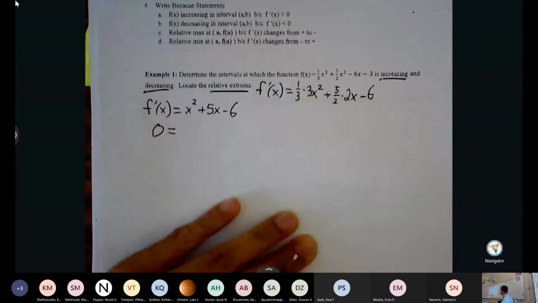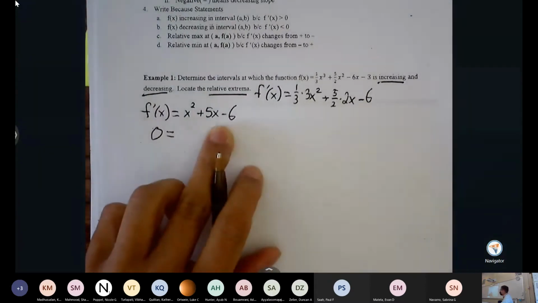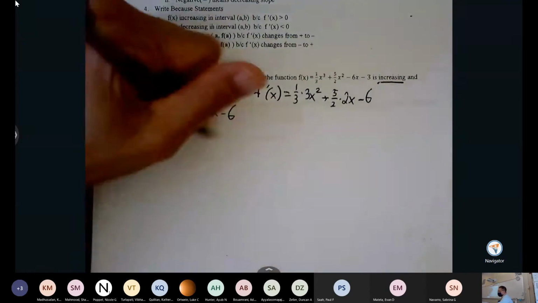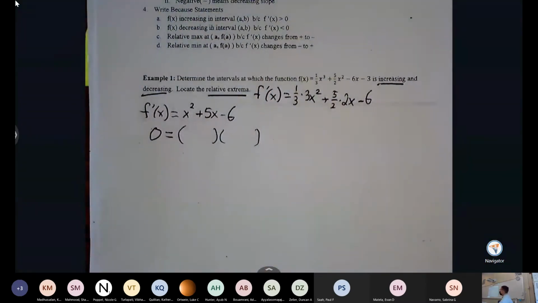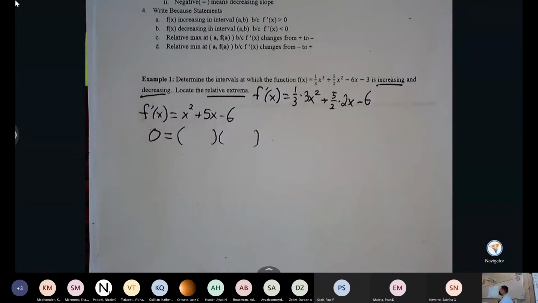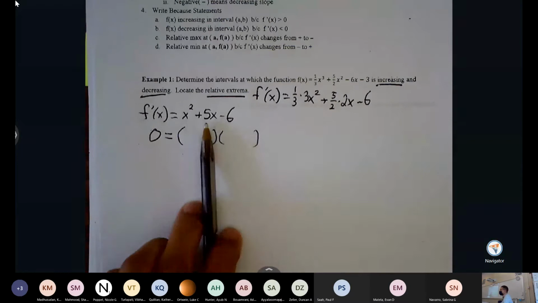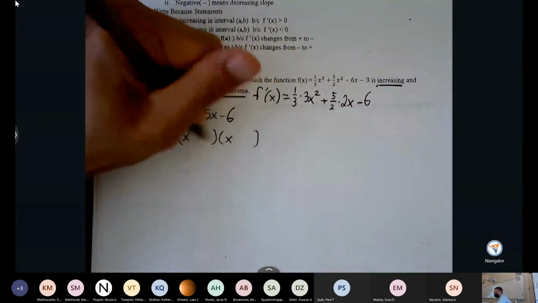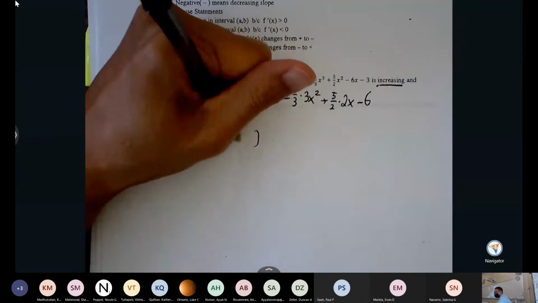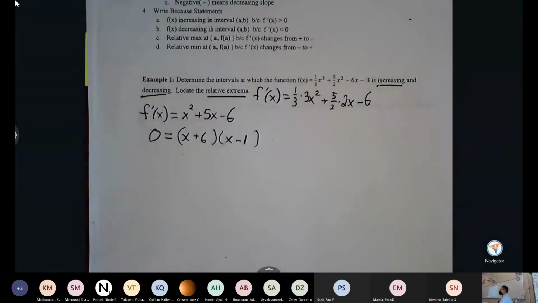Okay. So let's factor this, right? Multiplies to be -6, adds up to be 5. So 6 and -1. Right?